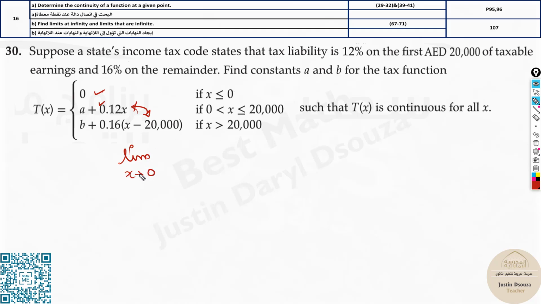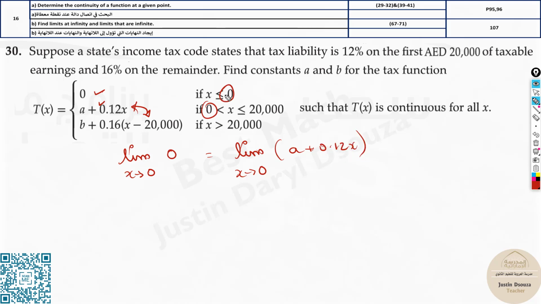It's 0. Okay, now when I'm doing this problem, I just realized the inequality signs must be given here. The last problem I did not mention this. I'm sorry for that. Now I'll mention it properly. Let me leave it as x for a while. This is equal to the limit as x tends to, again, 0. If we are taking 0 here, it must match, it's 0 itself. Now what is the limit here? a plus 0.12x.